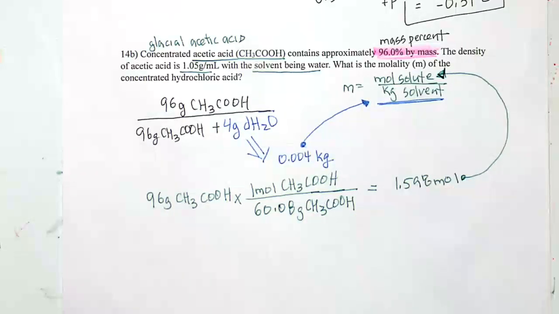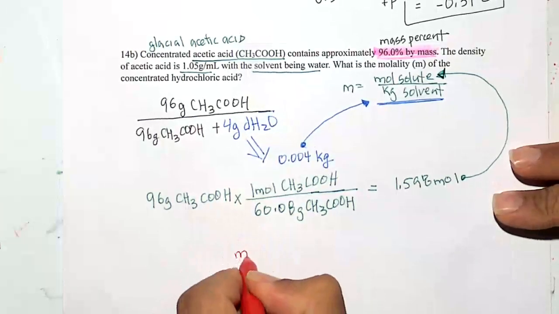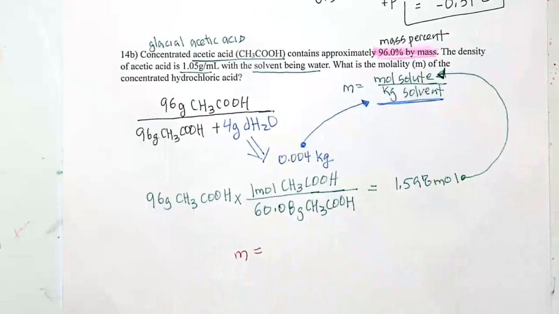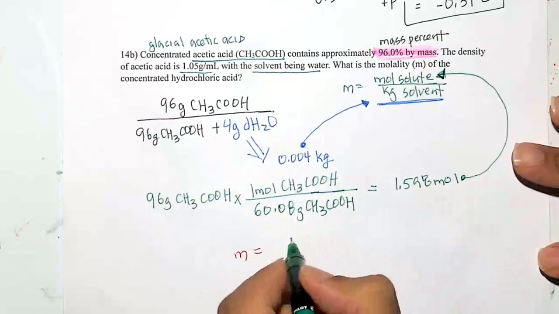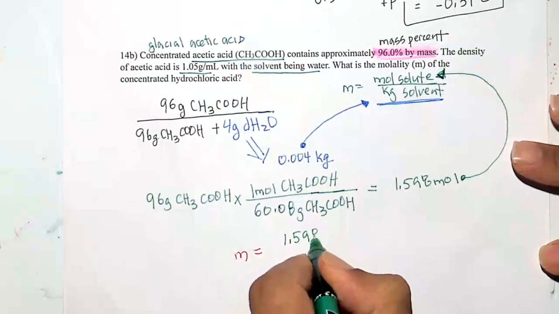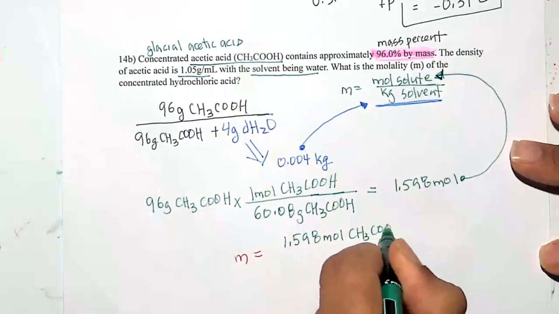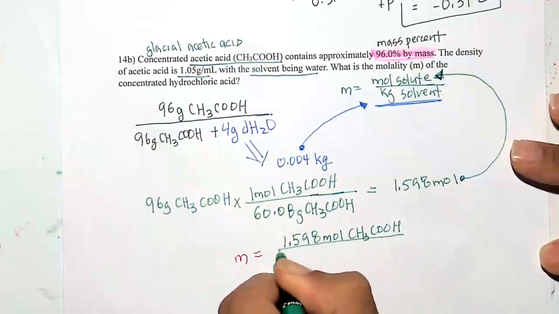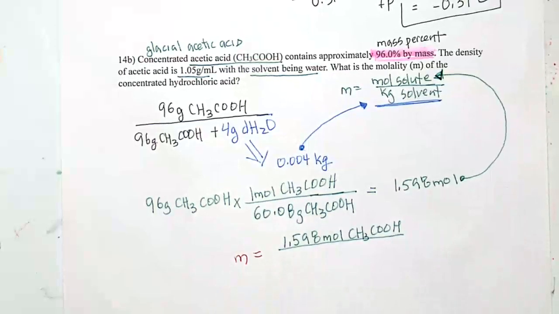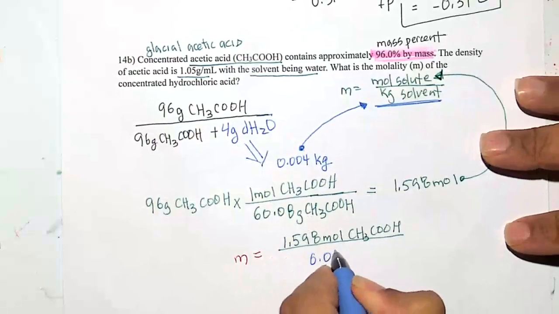And I believe it should be fairly linear from here. So the molality is moles of solute, which is 1.598 moles, divided by 0.004 kilograms.